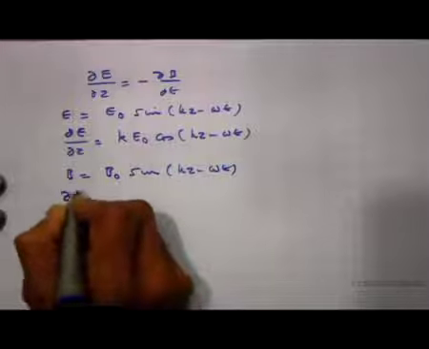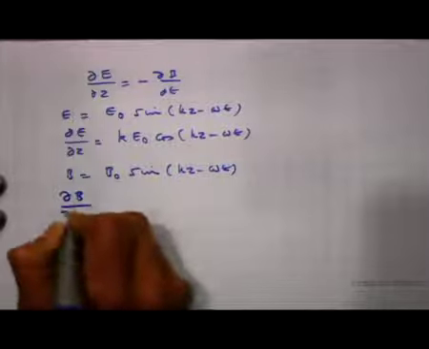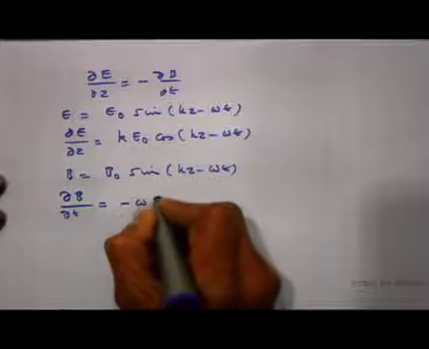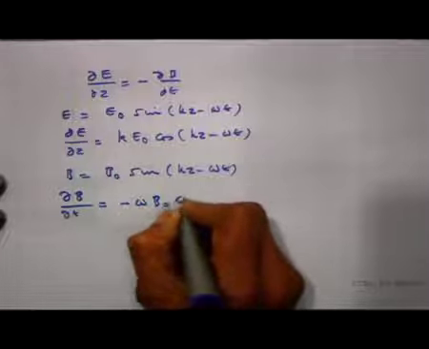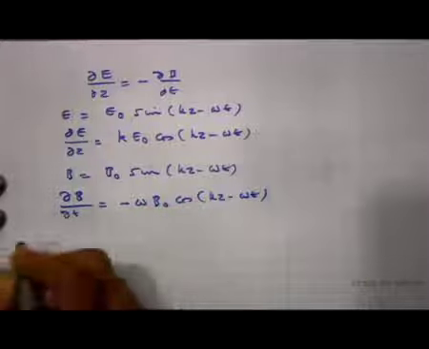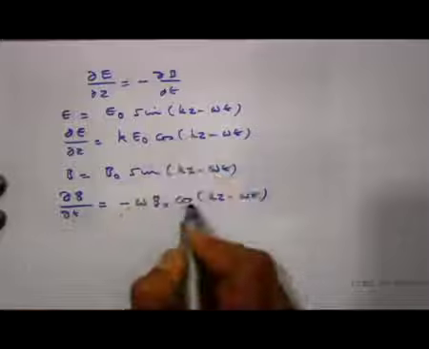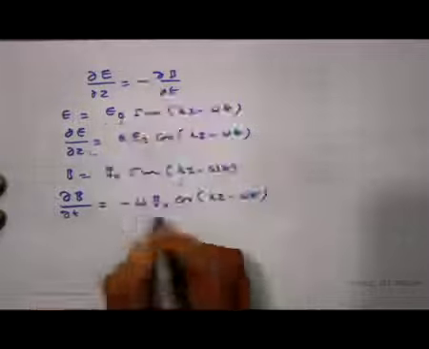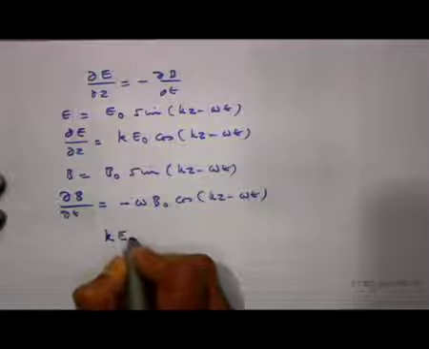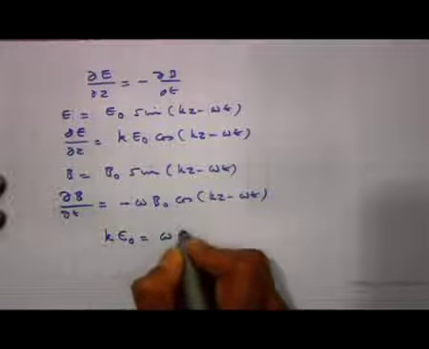So, del B by del t will be equal to, now there is a minus sign here, so I will get minus omega B naught cos(kz minus omega t). So, this is del E by del z, this is del B by del t. I substitute here, and this cosine function cancels off, and I get k times E naught is equal to omega times B naught.